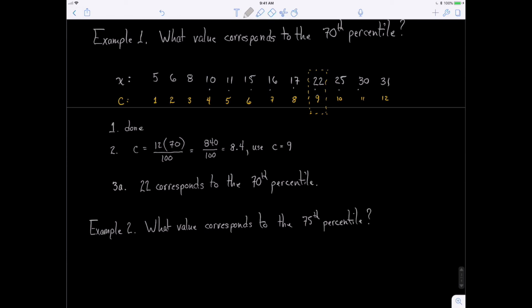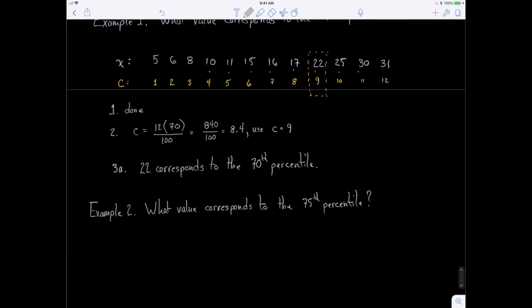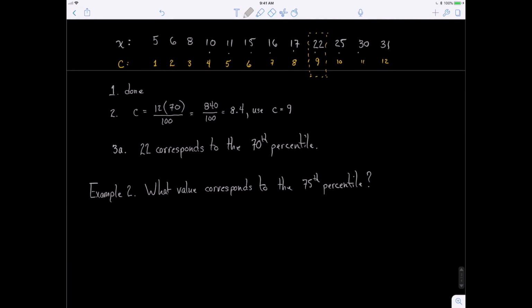We already know the answer because the 75th percentile was also Q3, but let's see if this process works like we would expect. Step 1 is arrange the data in ascending order, and that's already done.